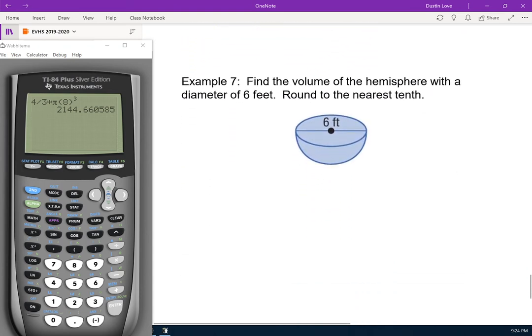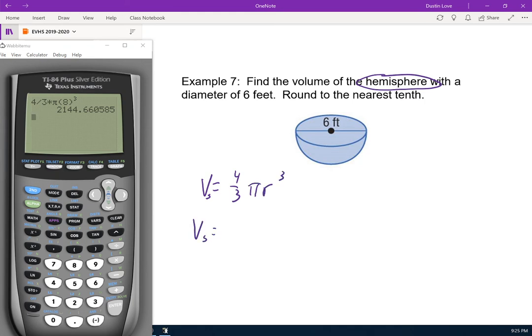All right, volume of a hemisphere. Now on this one, we're going to find the volume of the sphere and then just divide it by 2. So the volume of the sphere is 4/3 pi r cubed.